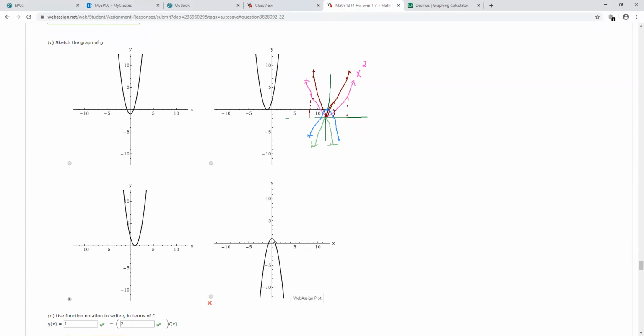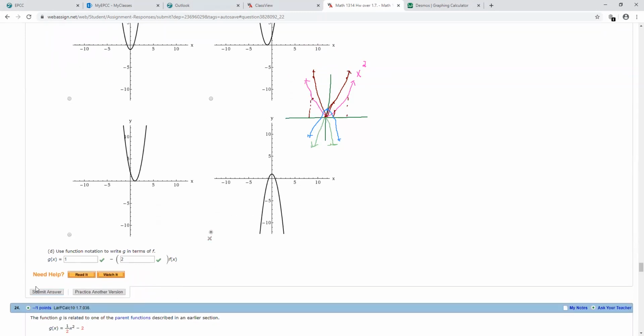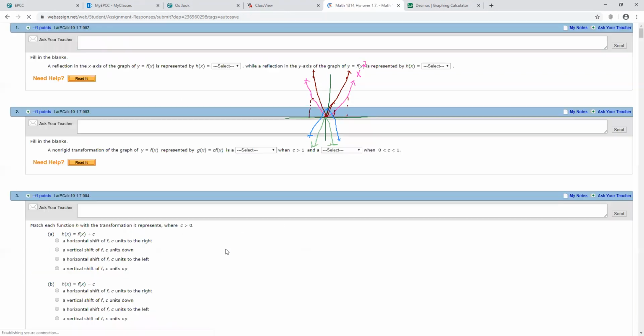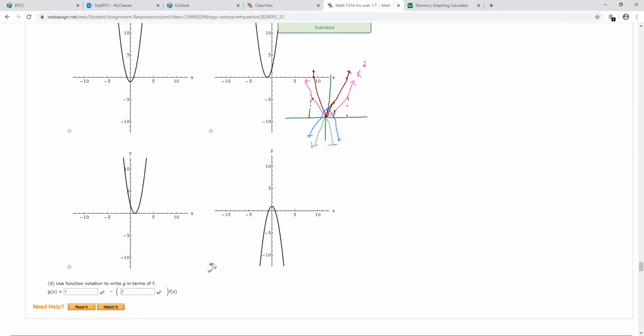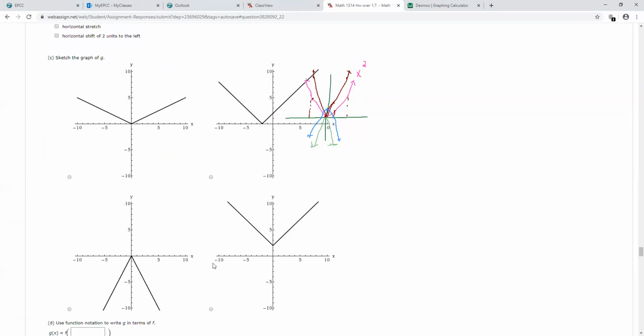Yes. So now we click this one and check. And it is correct. Very good. So I hope it's making sense.